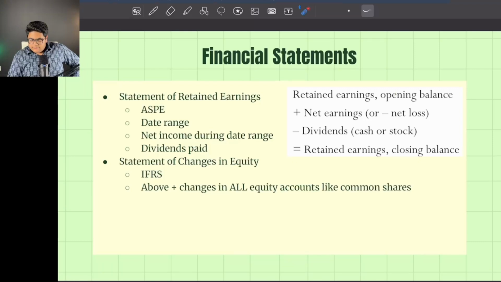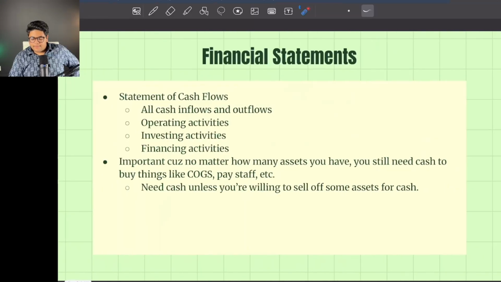So first off, you start with the opening balance, then you add net income, then you take away dividends. This equals your retained earnings closing balance. The statement of changes in equity is like the retained earnings statement, but for IFRS. It's basically all of the above plus changes in all equity accounts like common shares.